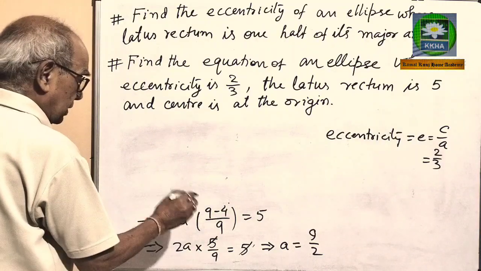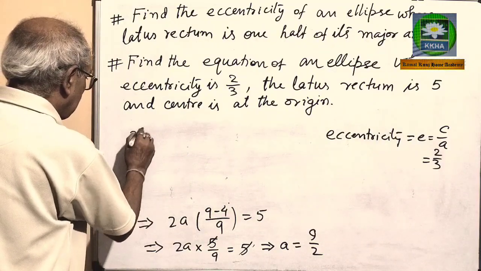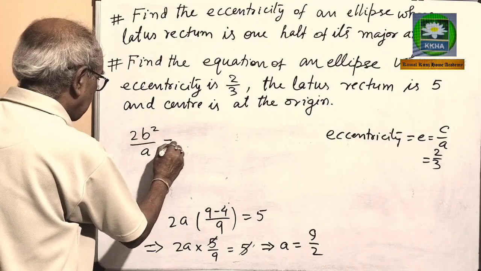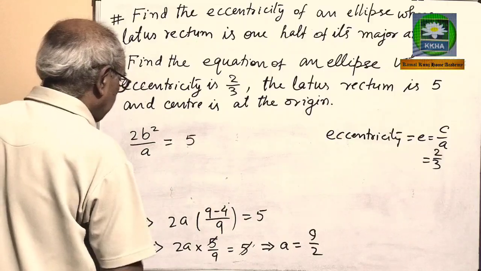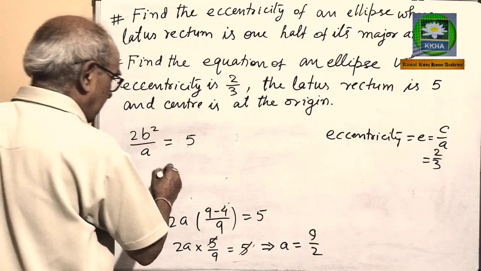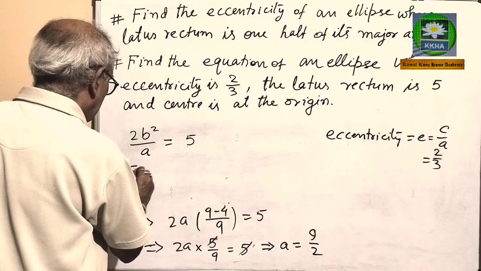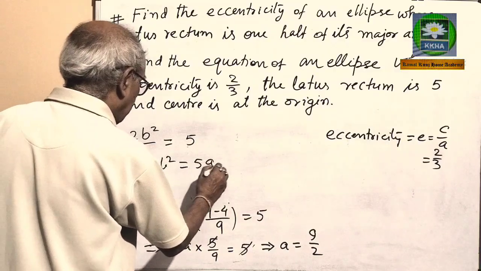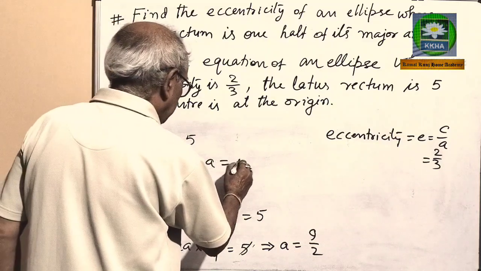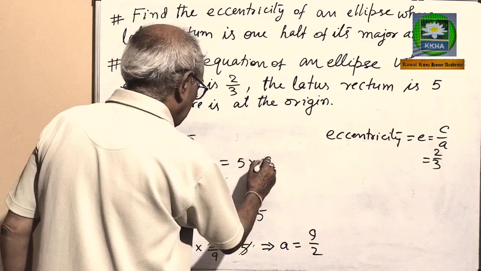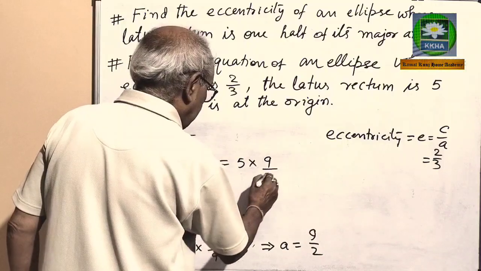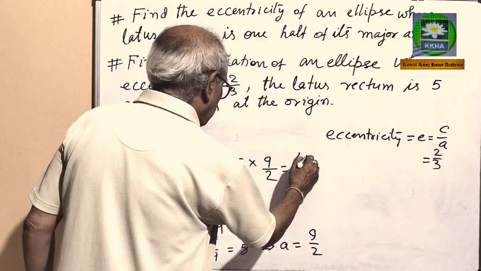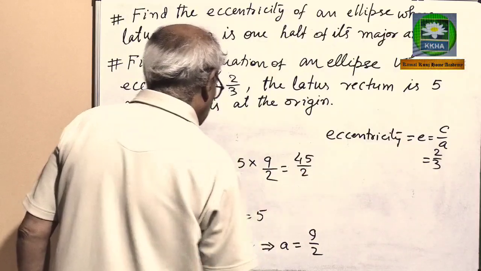Now again putting the value of a here, twice b square upon a is equal to 5. Twice b square equal to 5a is equal to 5 into 9 upon 2. So this is equal to 45 upon 2.